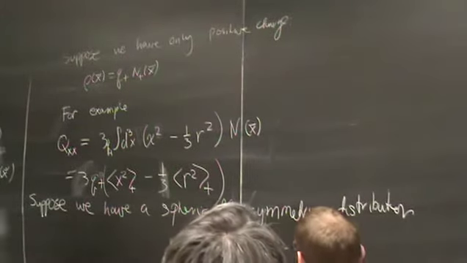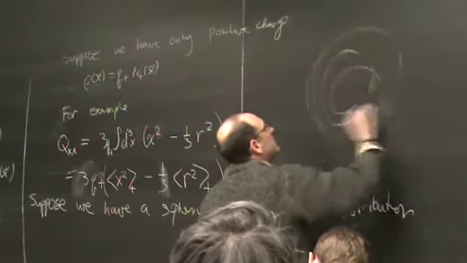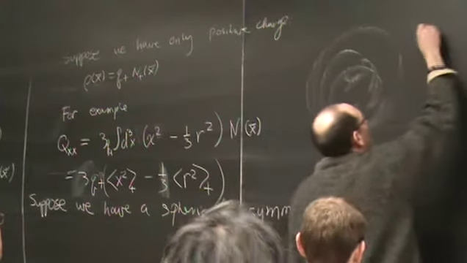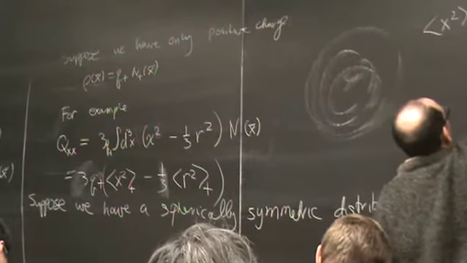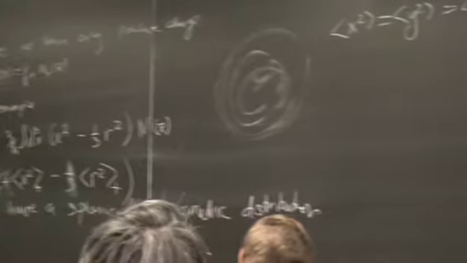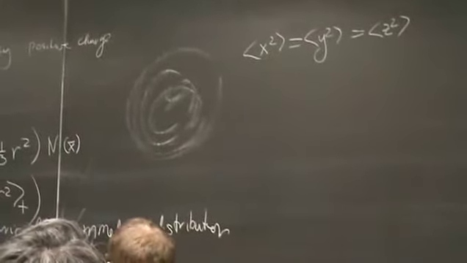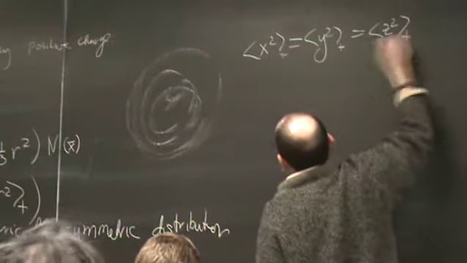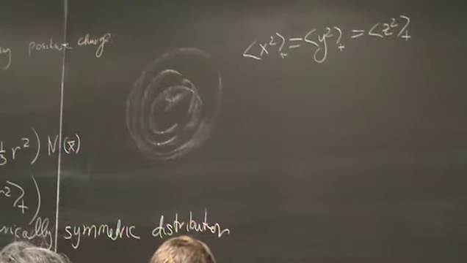Well, if we have a spherically symmetric distribution, however it is, then the average of x squared equals the average of y squared equals the average of z squared, because it's spherically symmetric. There's no difference in the average variance or position of anything if it's spherically symmetric. I choose the origin at the center.